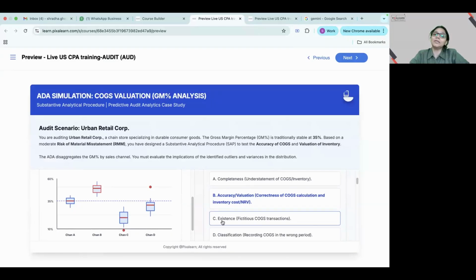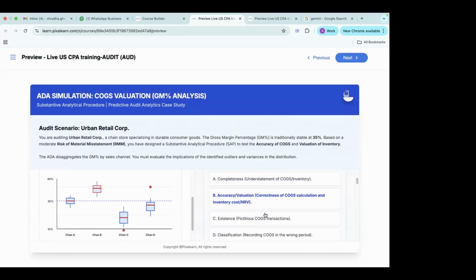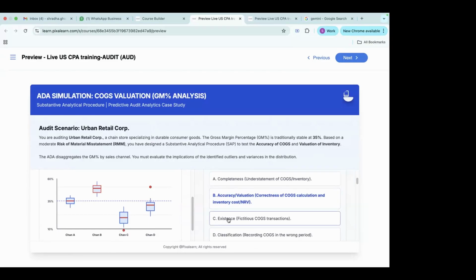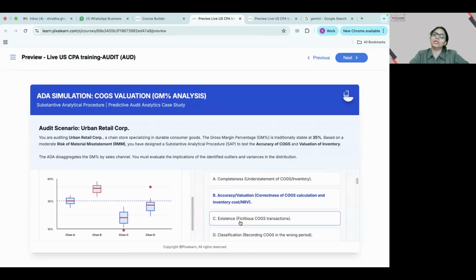And it was not just existence. COGS and existence were not going together. Who told you that you're only talking about fictitious transactions? Ideally, COGS would be understated rather than overstated, isn't it? So this is wrong, isn't it?